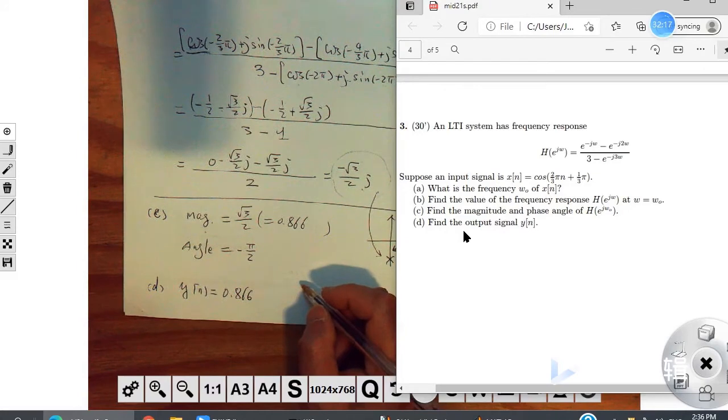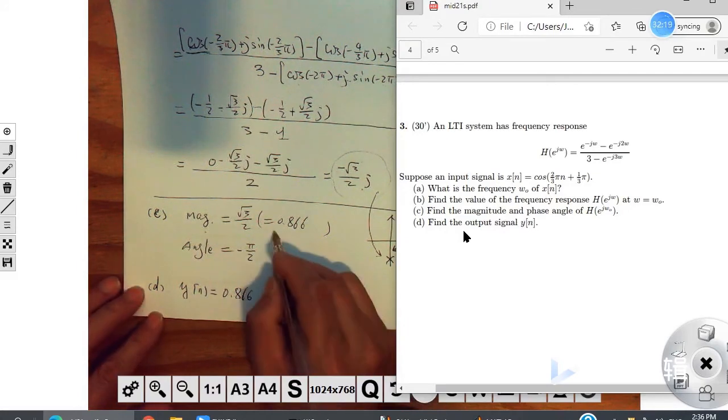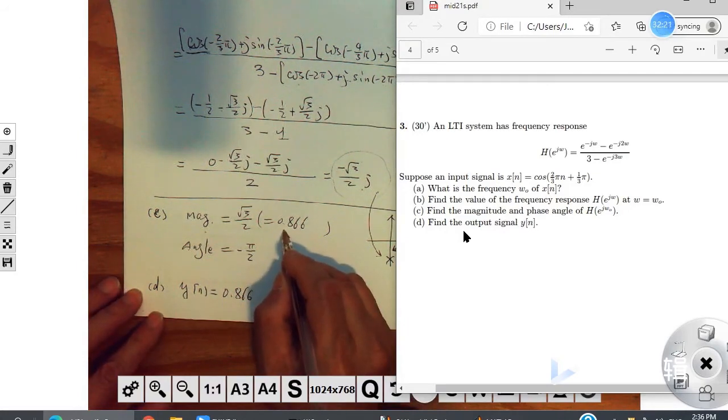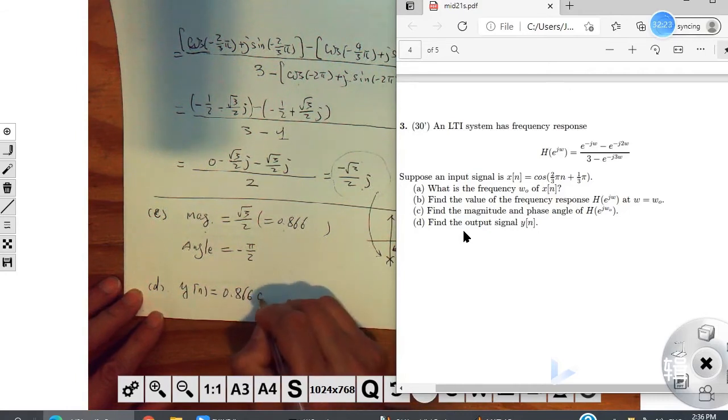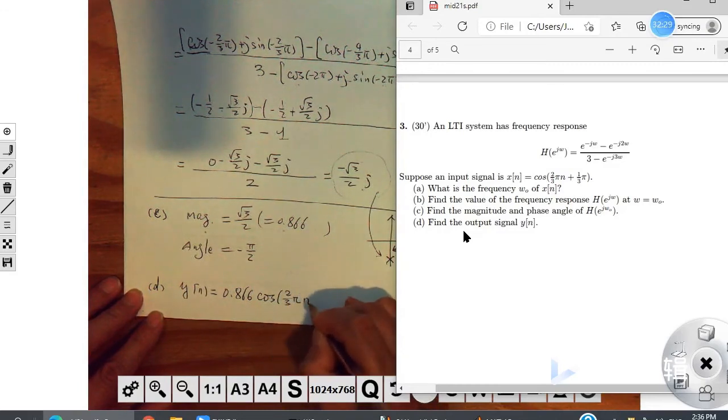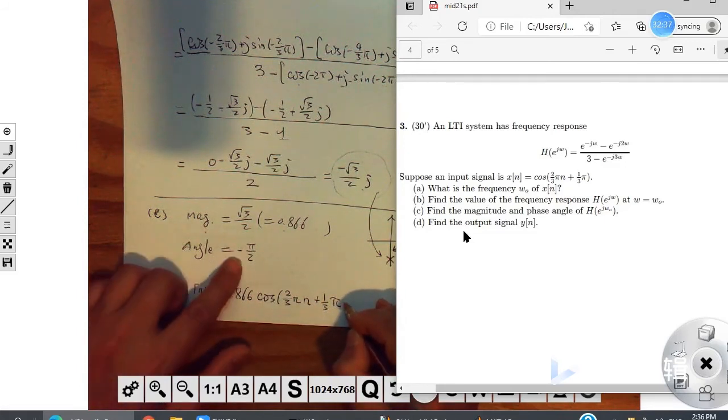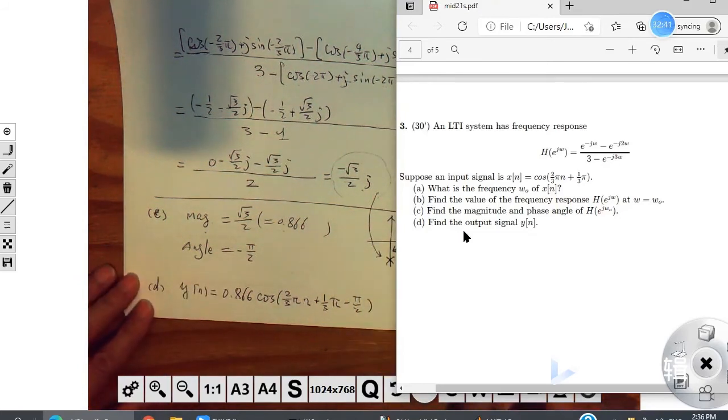Now the amplitude is replaced by the magnitude of H, so 0.866. Then cosine, the frequency is the same, 2/3 pi times n. The original phase angle is 1/3 pi, and now we add negative pi over 2. That's the final answer.